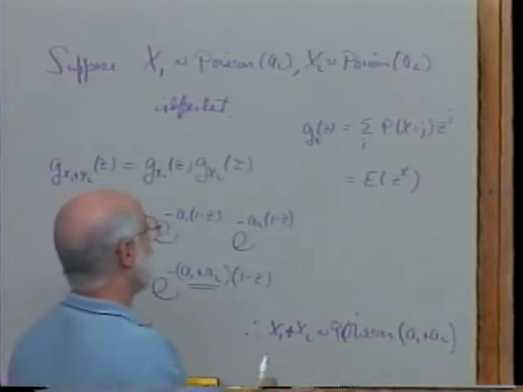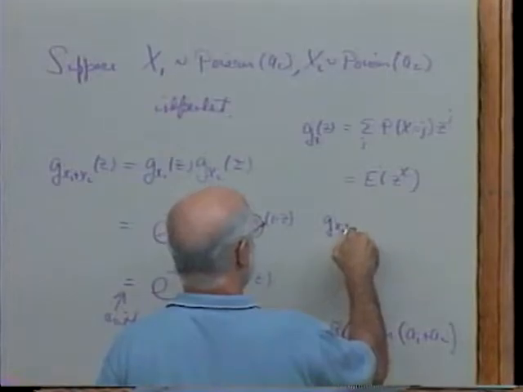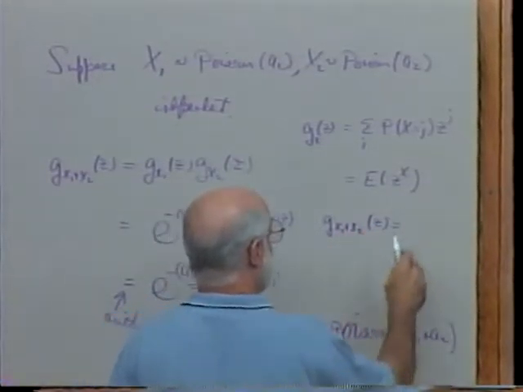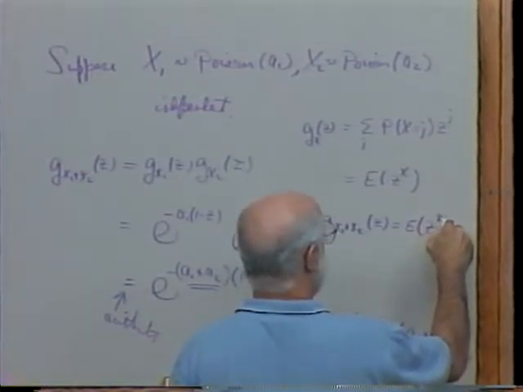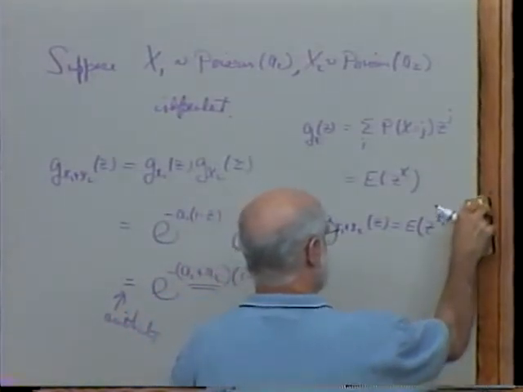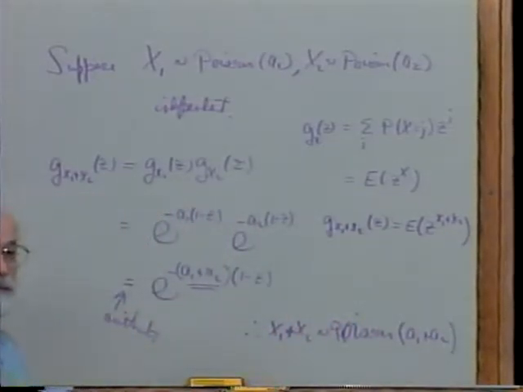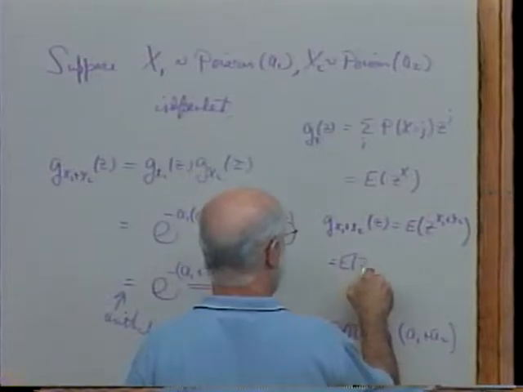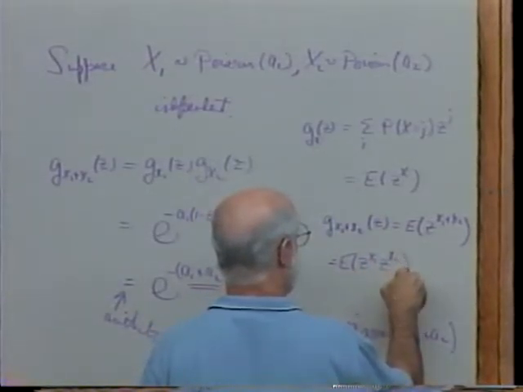OK, so from that, suppose I wanted to find the generating function of x1 plus x2. That's the same thing as the expected value of z to the x1 plus x2. But that's the same thing as the expected value of z to the x1 times z to the x2.